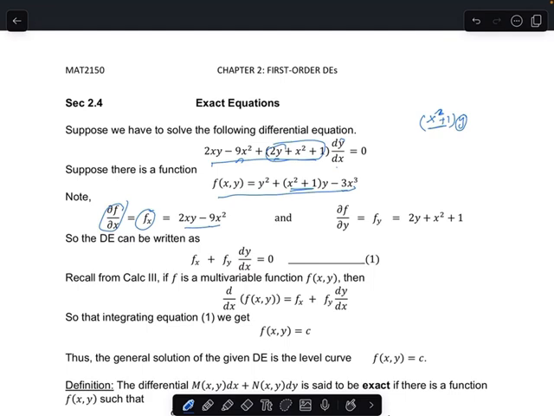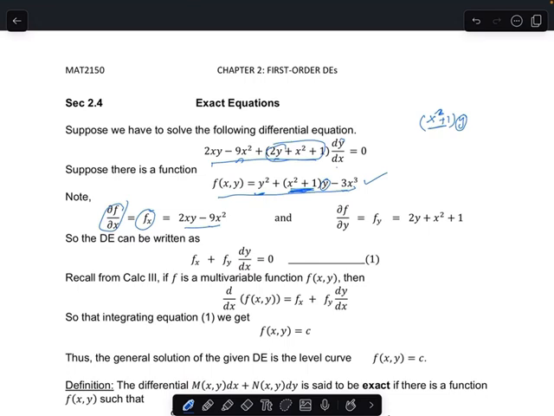Now let's find the partial derivative of this function with respect to y. Now we will treat the x terms, or any functions of x, as constants. So when I start differentiating with respect to y, the first term is 2y squared, so I get 2y. Now x squared plus 1 will be considered constant, so only the y will be differentiated.